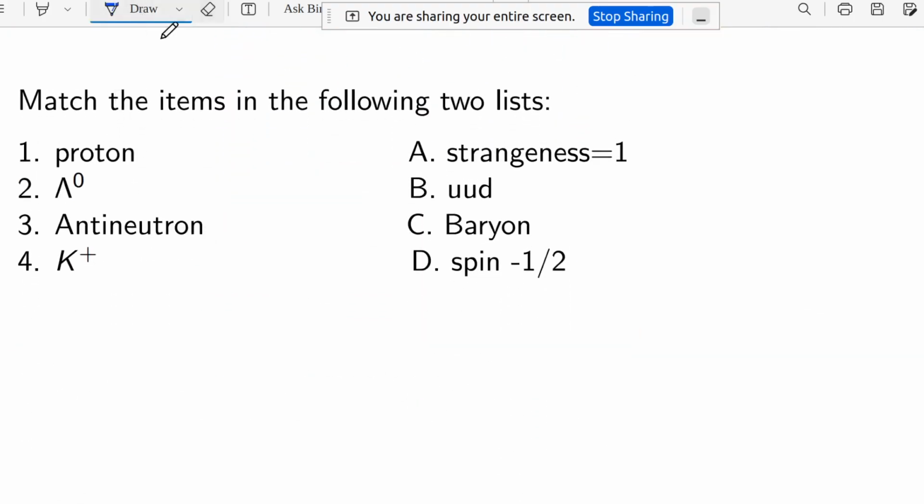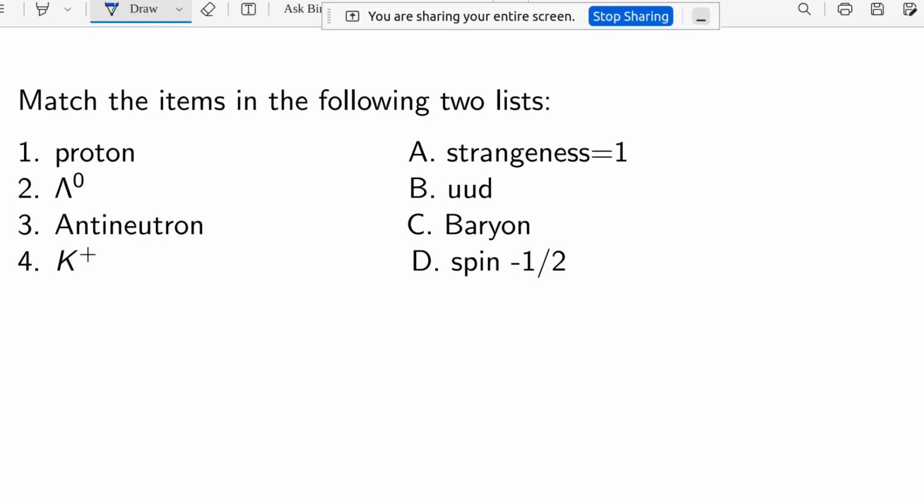Yeah, so in that question you can see, match the items in the following two lists: proton, lambda 0, antineutron, K plus, and on the right hand side, strangeness equals 1, UUD, baryon, and spin minus half. So we have to match these things. In any elementary particle physics course, there will be the proton quark content.